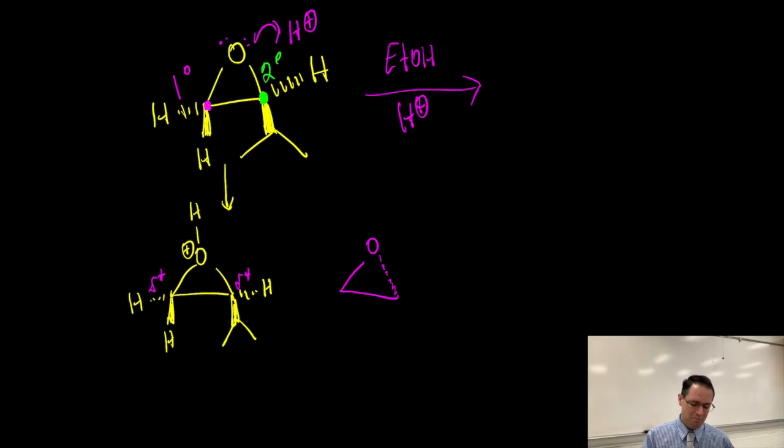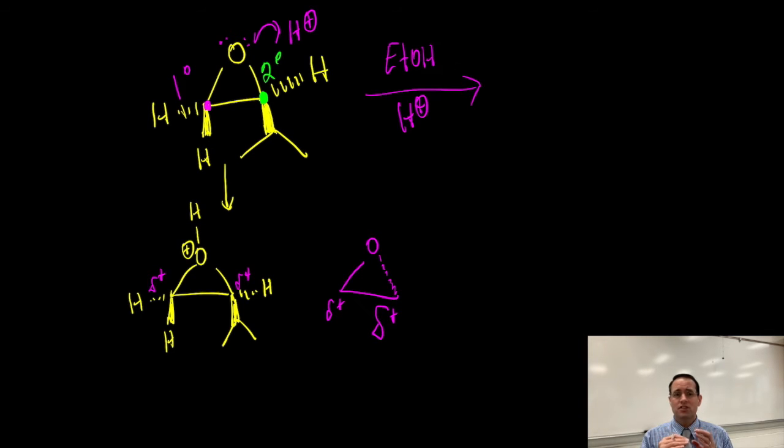So it's probably better to illustrate this molecule with a longer carbon-oxygen bond to the more substituted secondary carbon, and a shorter carbon-oxygen bond to the less substituted one. And that's going to place a greater delta plus on the right carbon and a smaller delta plus on the left carbon, okay?